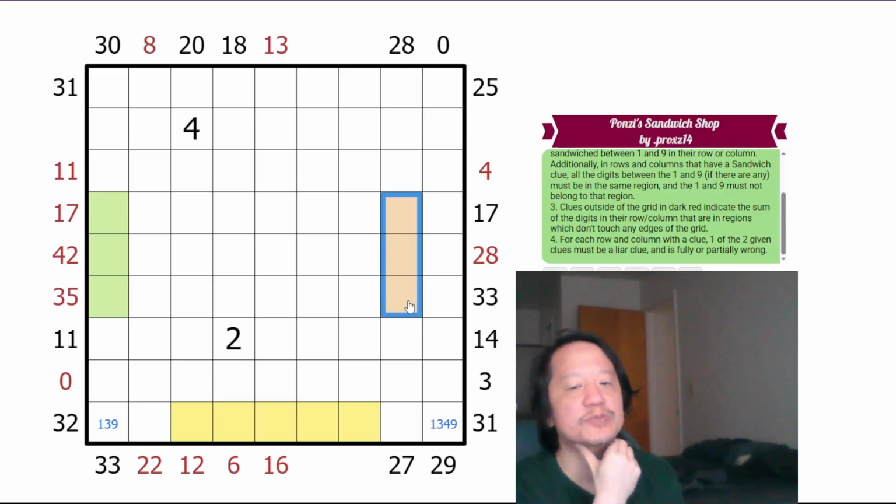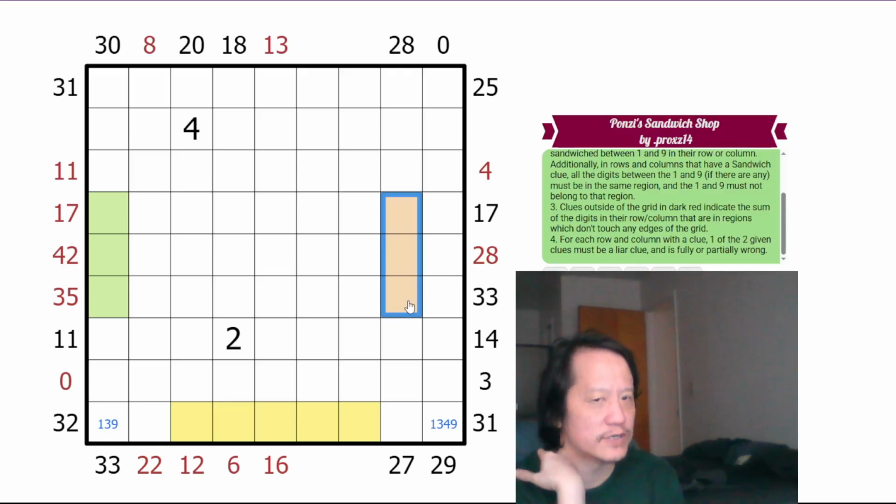So to add up to 28 or 20, so 8, you could have an 8 outside the region as a singleton by itself. So that is potentially possible.